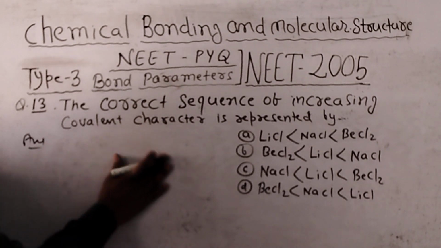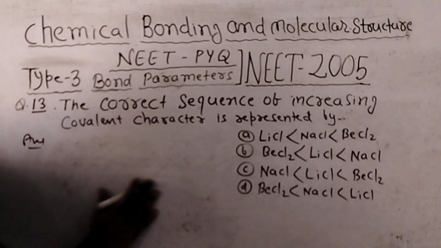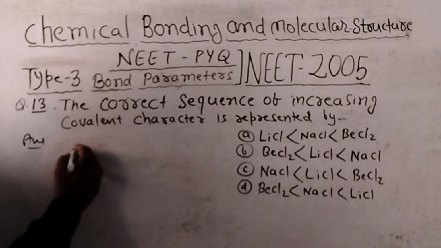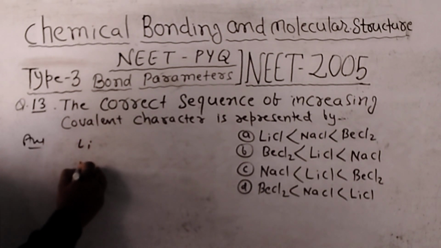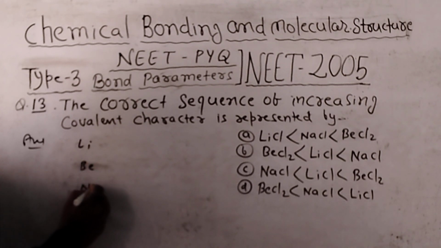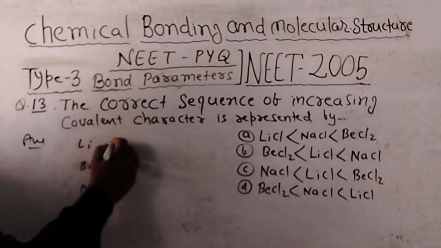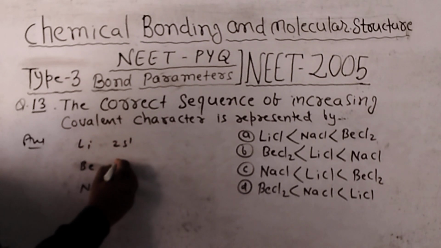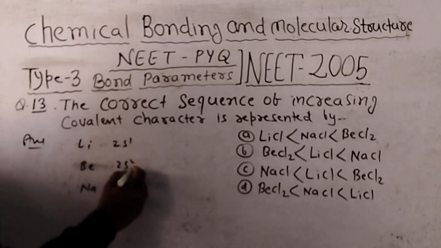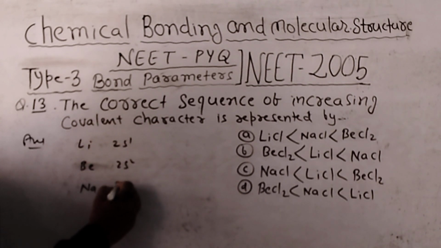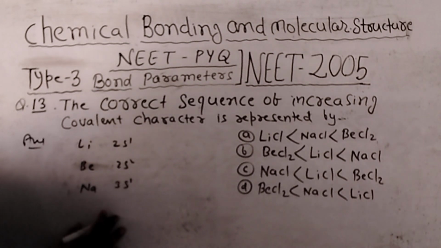Now from the given options, the cations are lithium, beryllium and sodium, with last shell configurations 2s1, 2s2 and 3s1.